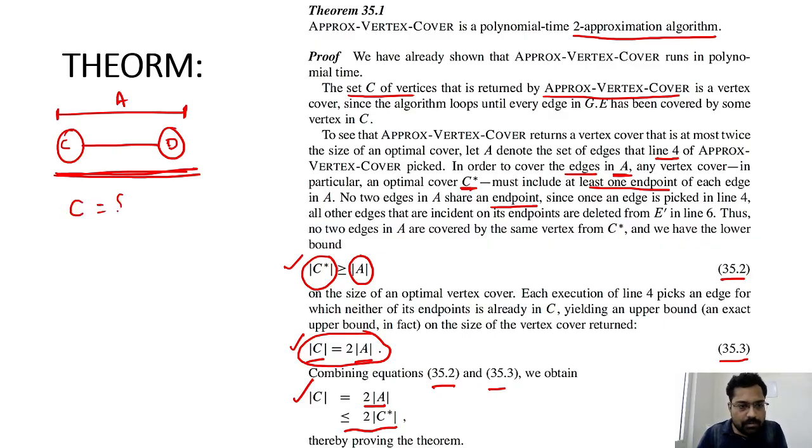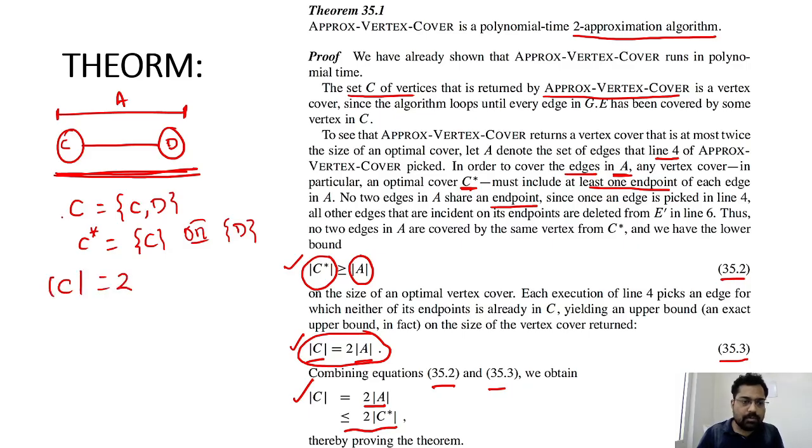So C will keep two endpoints, C and D. C star will pick at least one of them, either C or D. Clear? So C represents 2 because of the number of vertices, and for C star it is 1. It's a basic simple example through which we can understand.